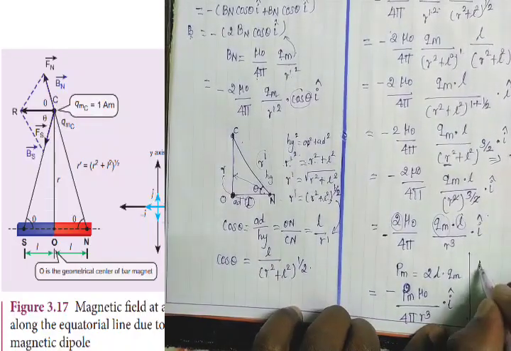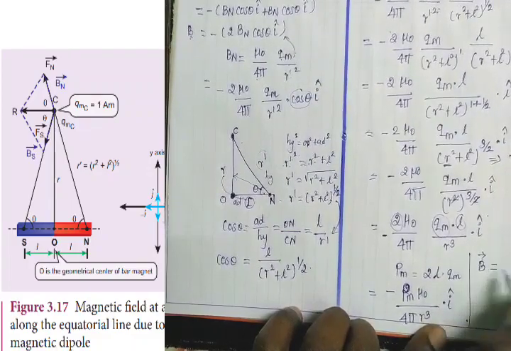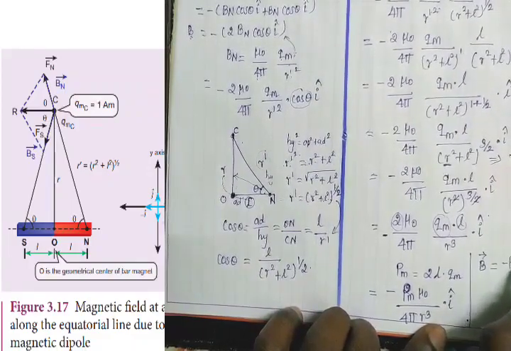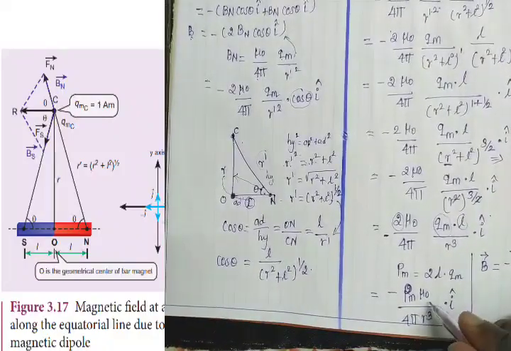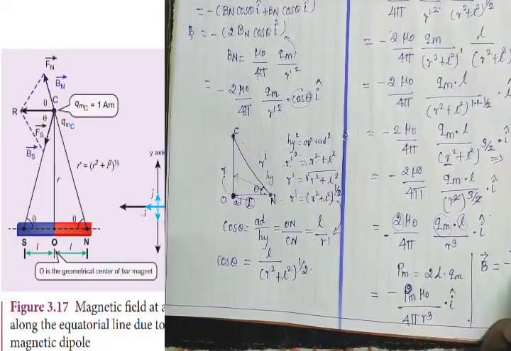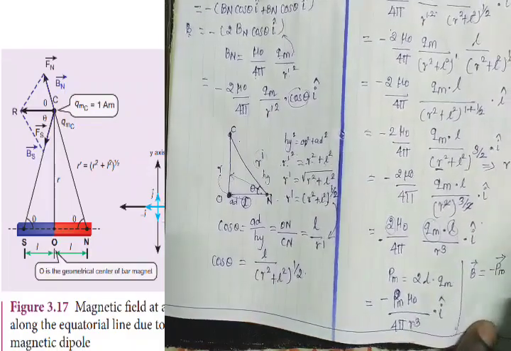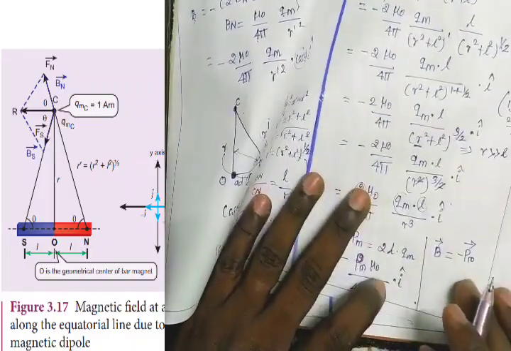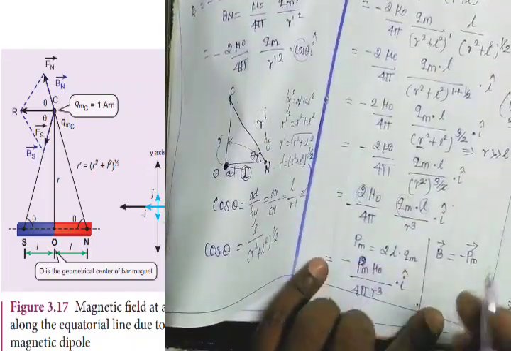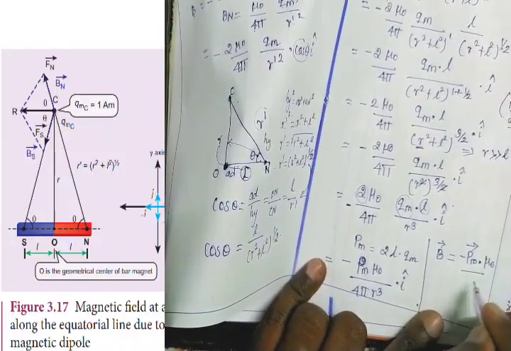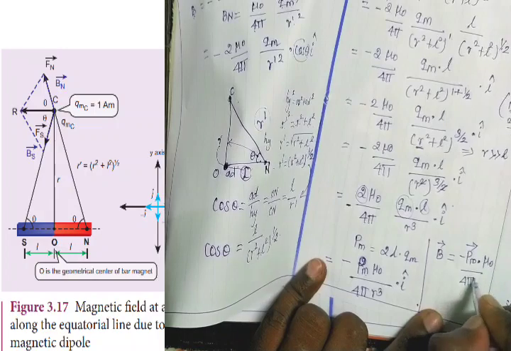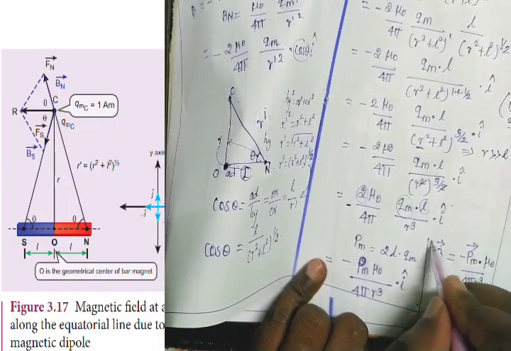So next step, B vector is equal to minus Pm vector, simple. The first one is Pm only, but the second one is Pm vector dot mu naught divided by 4 pi R cubed.